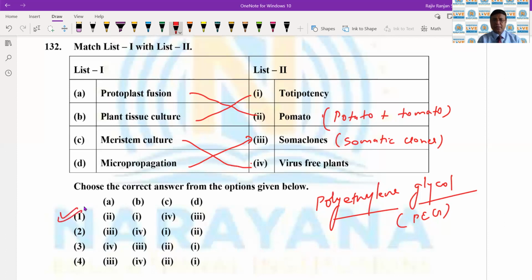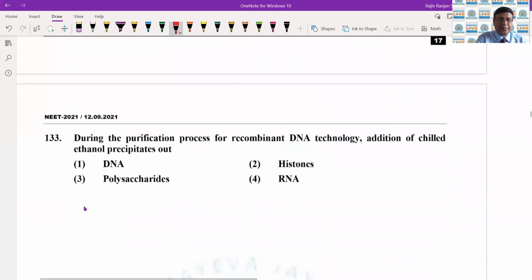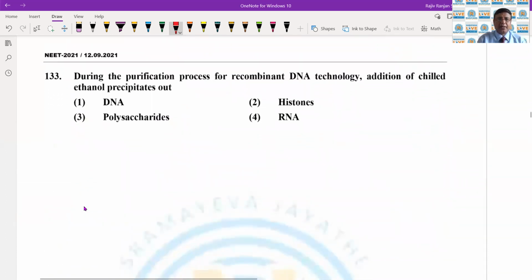Let's now see question number 133. During the purification process for recombinant DNA technology, addition of chilled ethanol precipitates out: 1, DNA; 2, histone; 3, polysaccharides; and 4, RNA.